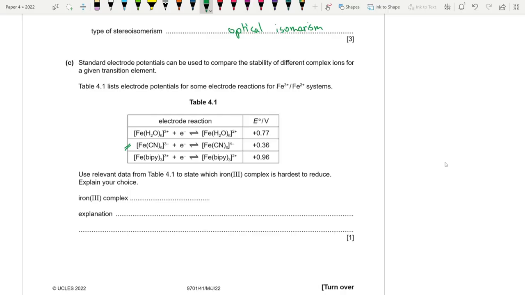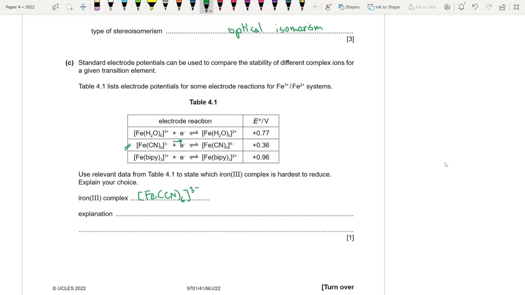So let's write this. It's actually [Fe(CN)6]3−. And why? This is because this complex does not want to go to the right hand side.